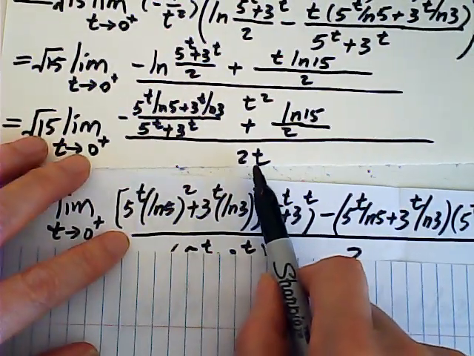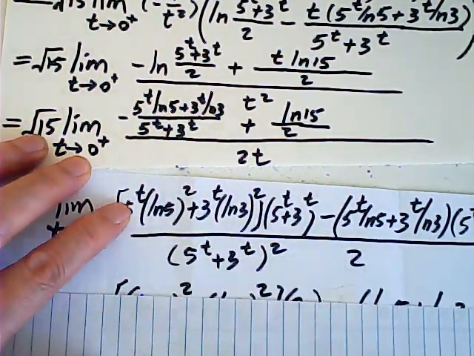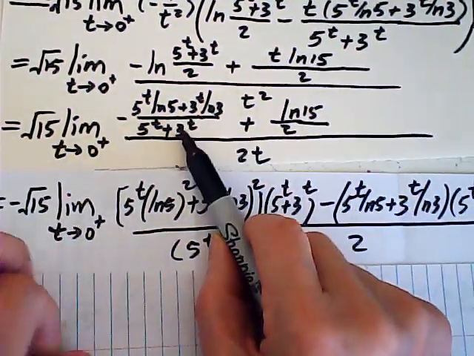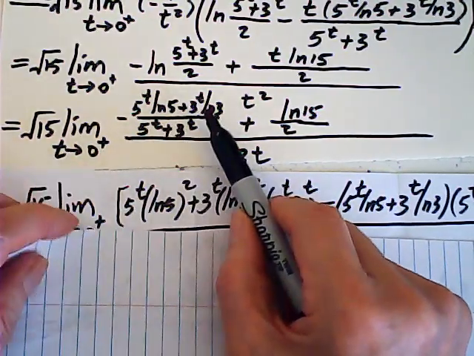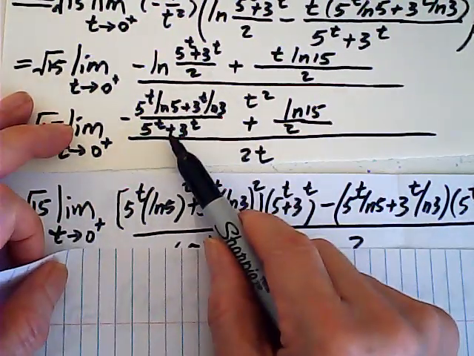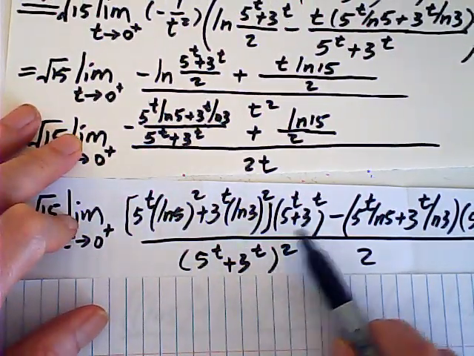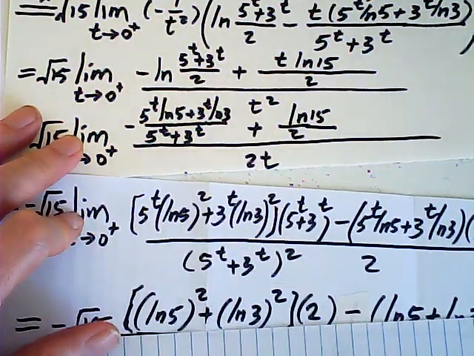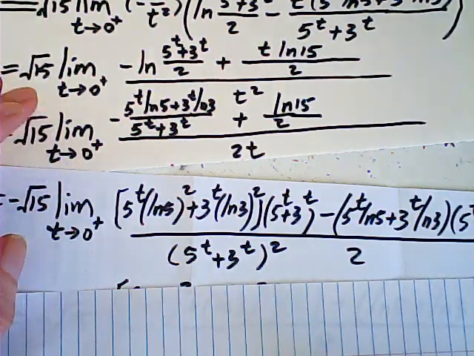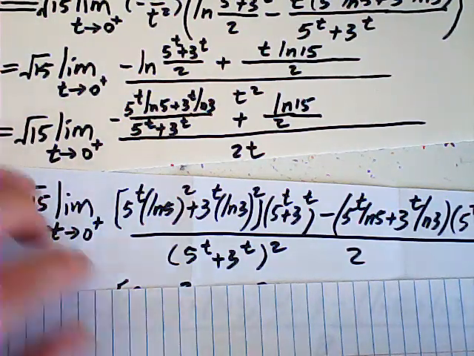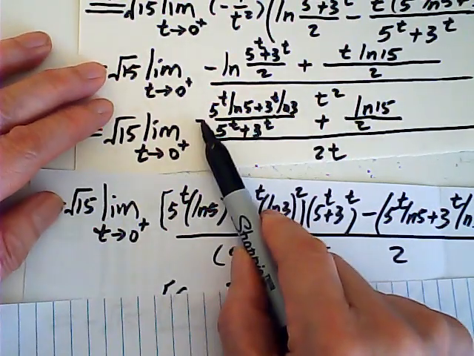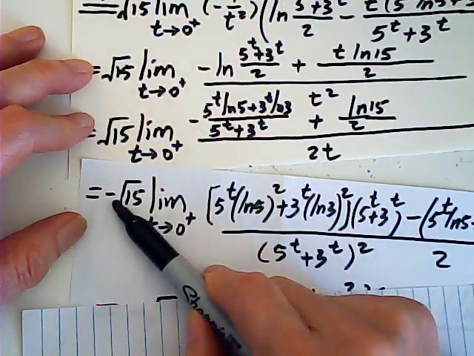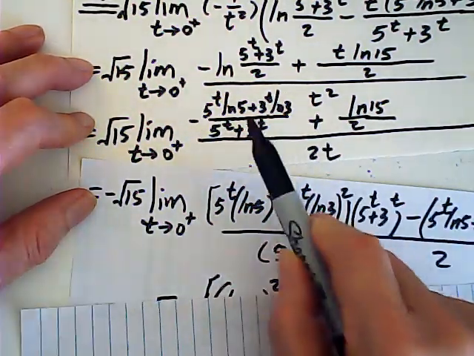L'Hopital's rule says this derivative is 2, right? This derivative is 2, and this derivative 0 is gone. For this derivative you have to use the quotient rule. The quotient rule says the denominator is squared, and then the numerator derivative. Here I took the negative outside to simplify, so this is negative and this is positive.